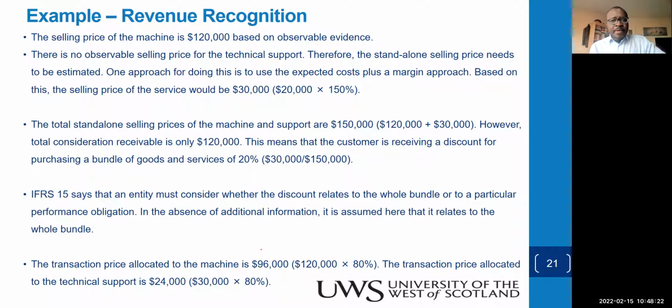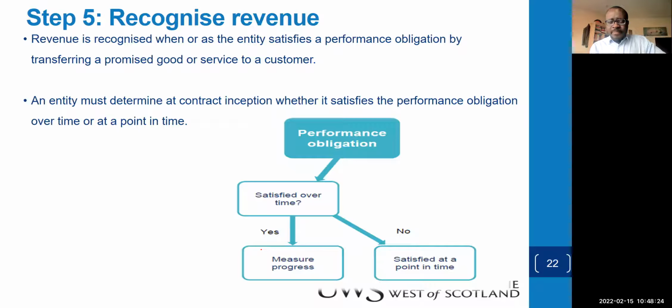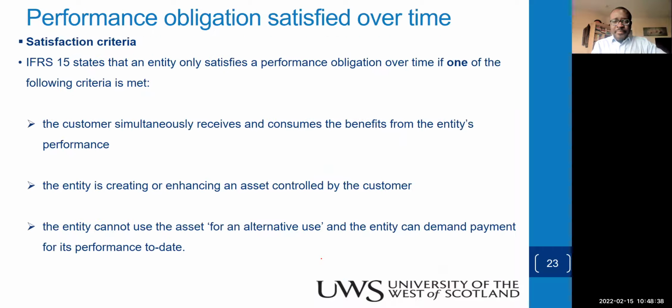Then recognition, when we satisfy over time, we measure the progress: the percentage of work done, and the percentage of money you've received as at now, pending the final stage of completion. We looked at the criteria. You should meet either one.